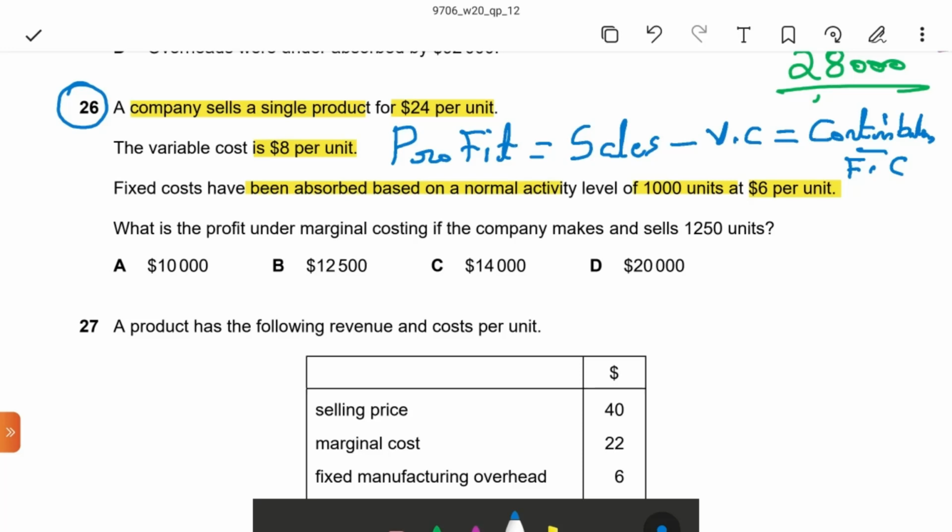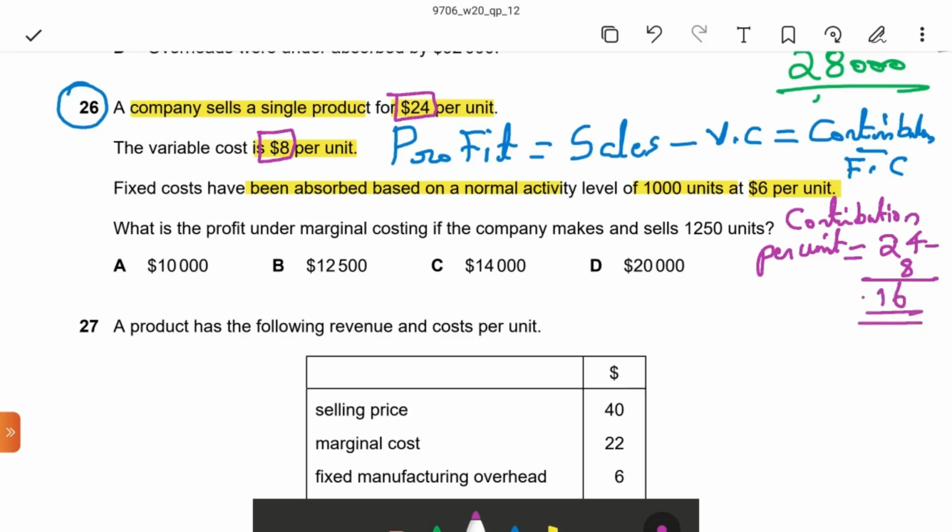Contribution per unit is the selling price of 24 minus the variable cost of 8, that is 16.